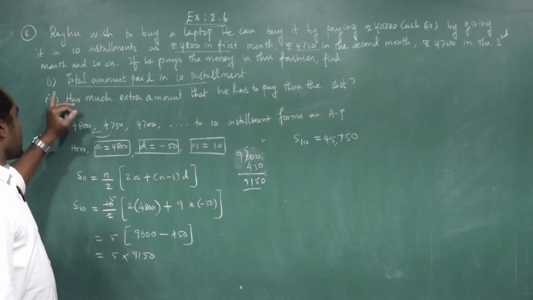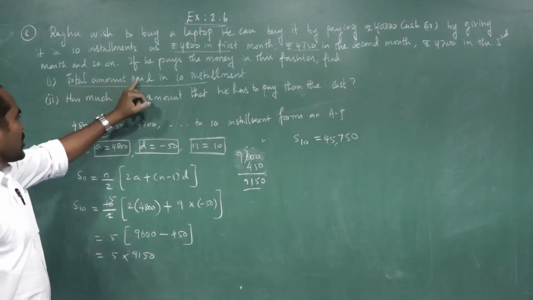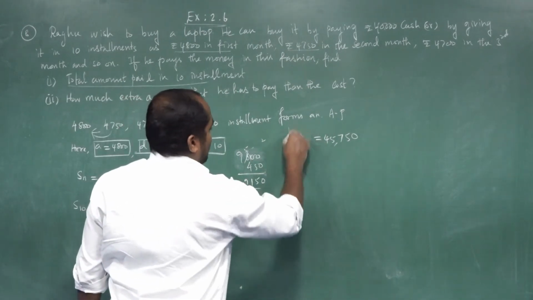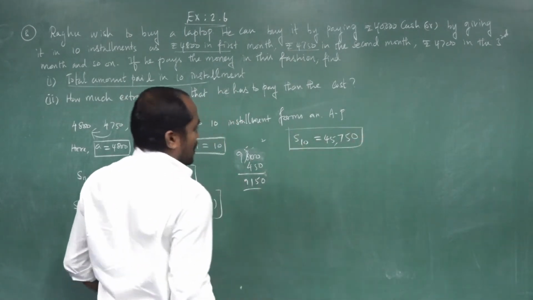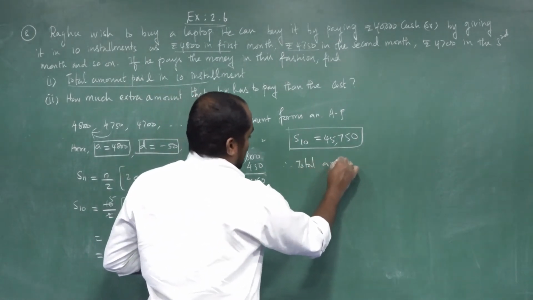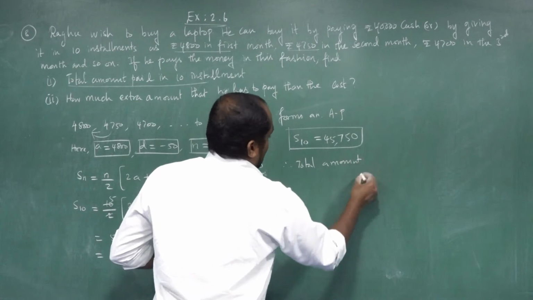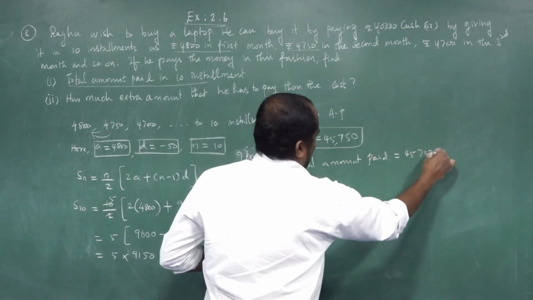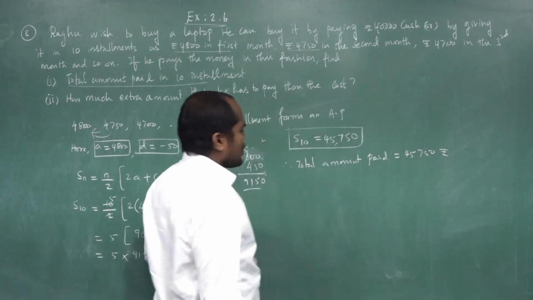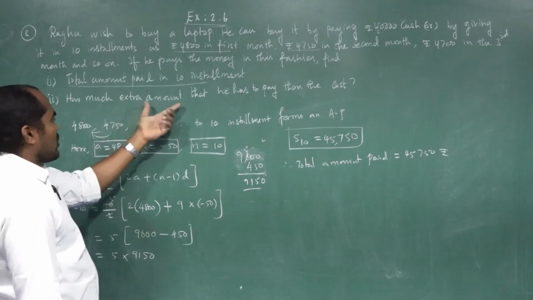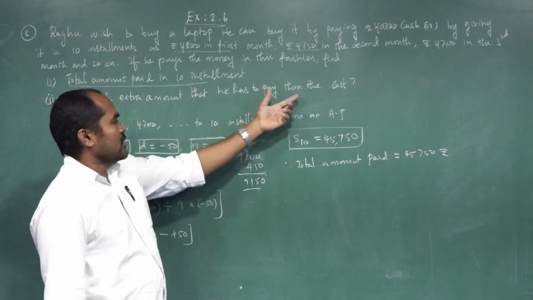So our first question answer, the total amount paid in 10 installments, is 45,750 rupees. So our second question is what? How much extra amount does he have to pay than the cost?